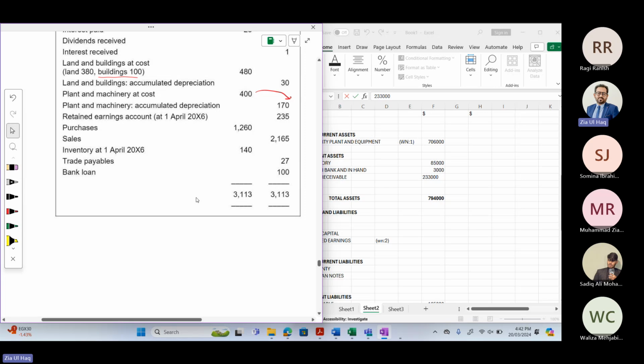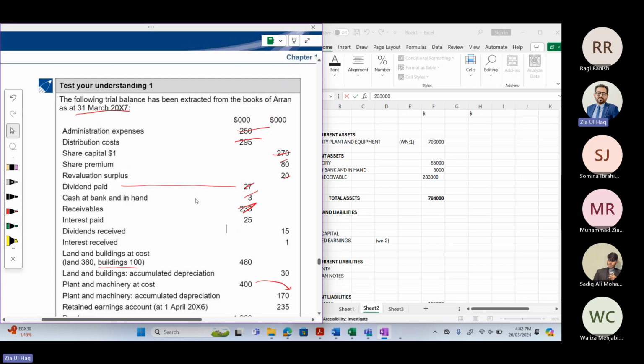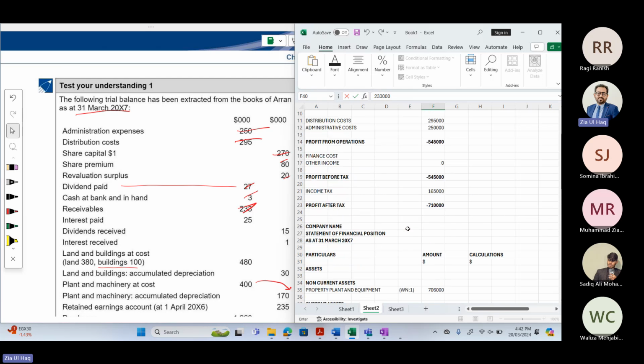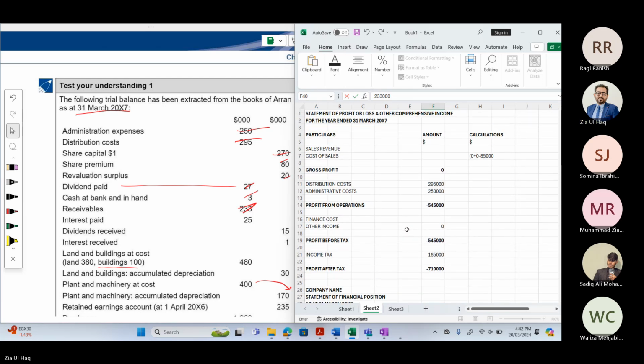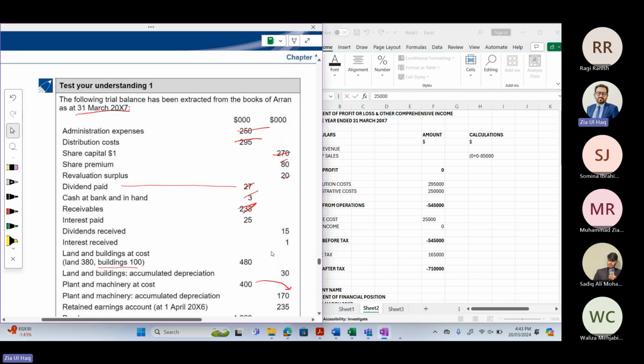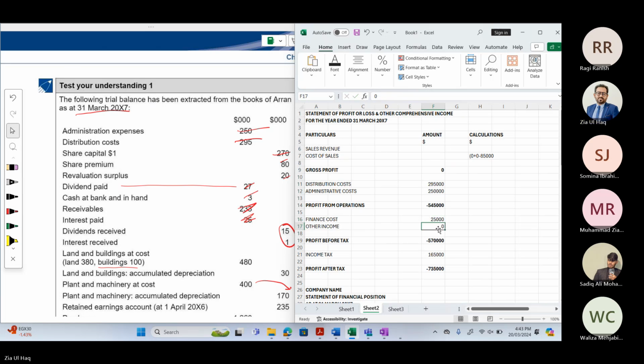As the amount of loan is 100,000, what's the interest rate? We don't know. This means 25,000 interest paid should be recorded. And then we are having dividend received plus interest received. Altogether, other income is 16,000. Dividend received and interest received, so 16,000 is other income.